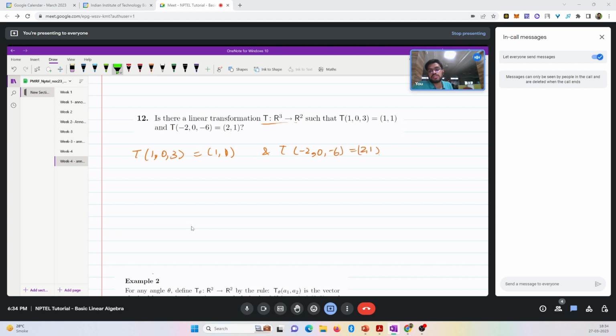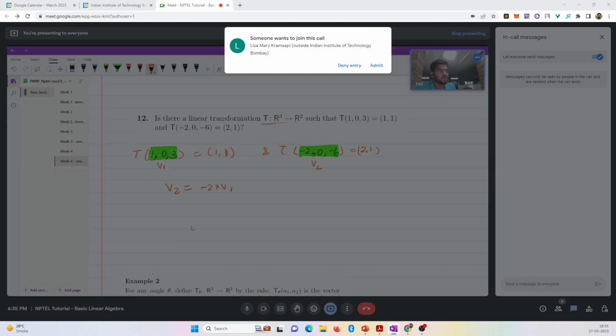Now if you look at this quantity I'm highlighting in green, if you multiply it by minus 2, you'll obtain what is on the right hand side. So if this is v1 and this is v2, then v2 is minus 2 times v1. We can see that.